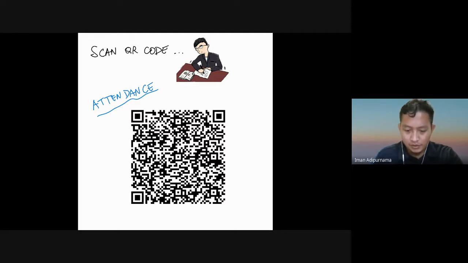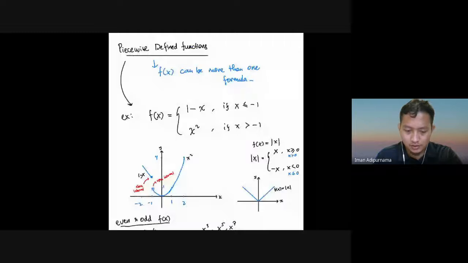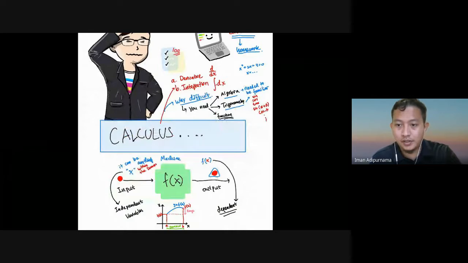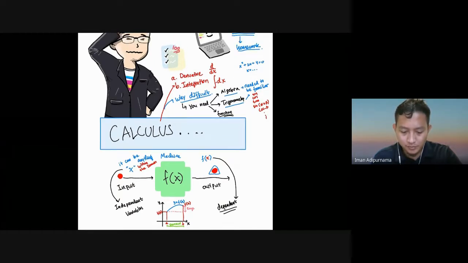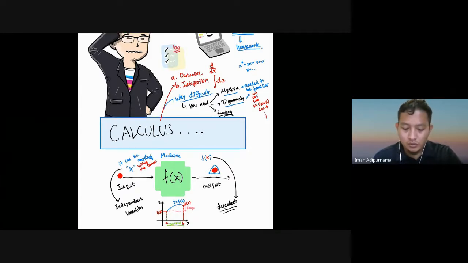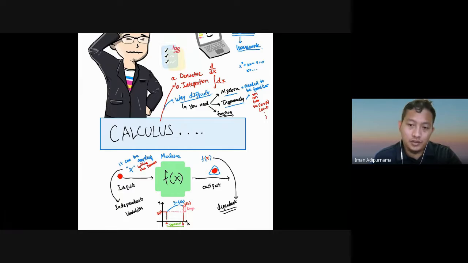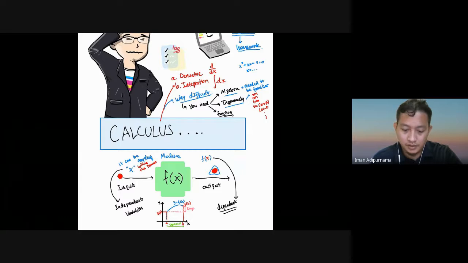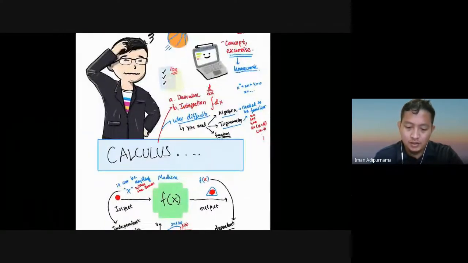Okay, so let me go back to the start. What we learned in the first session last Friday: we learned a little bit about calculus, especially about functions. What a function is and how we can use a function in our mathematical equations.